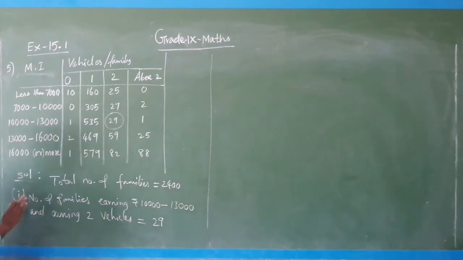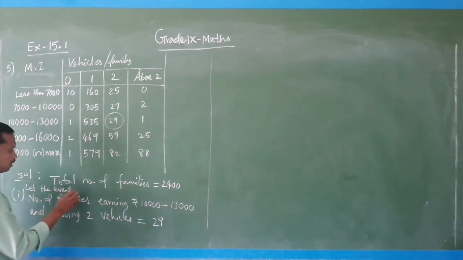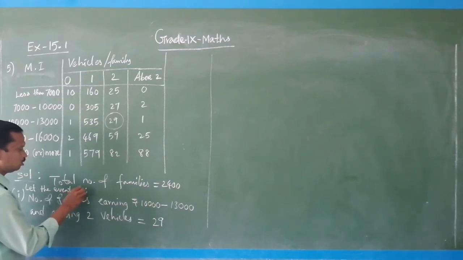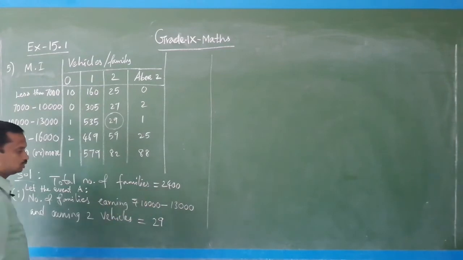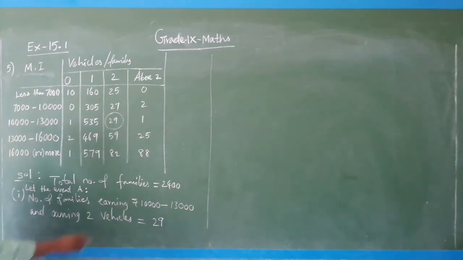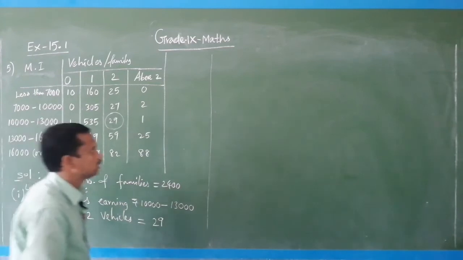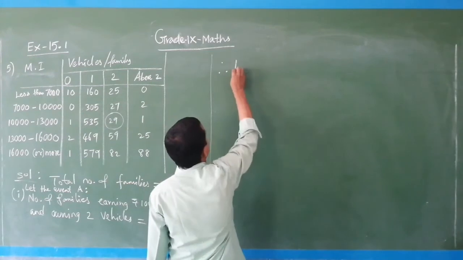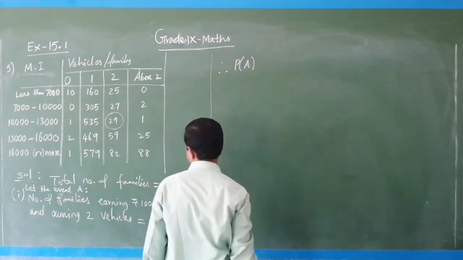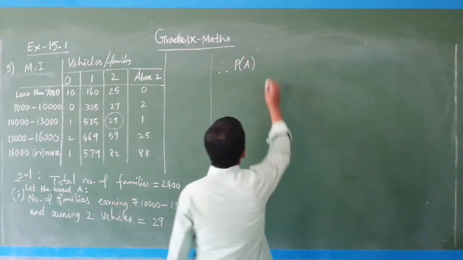So if you consider this as event E. Okay, let the event A colon, you have to put. So this is the event: number of families earning 10,000 to 13,000 and owning 2 vehicles is equal to 29. Okay, we have to take that event name as A. Therefore, P of A represents the event of the first option.